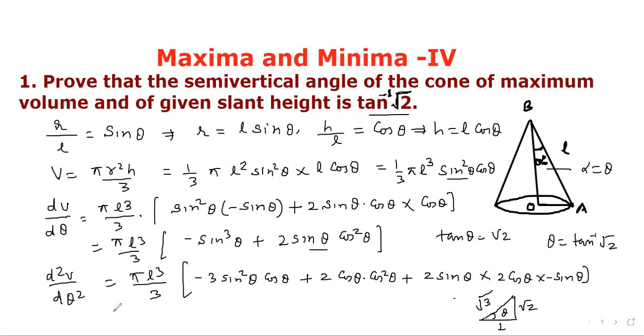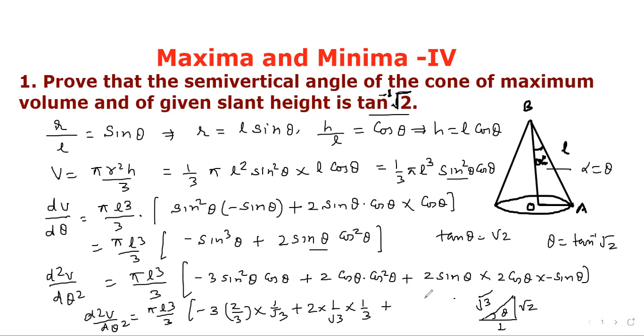So we put all these values in the second derivative to check whether d2V upon d theta square is positive or negative. So d2V by d theta square will be equal to pi L cube by 3 times minus 3 sine square theta, it means perpendicular upon hypotenuse, so this will become 2 by 3, cos theta, base upon hypotenuse, so 1 upon root 3, plus twice of cos theta, 1 upon root 3, into cos square theta, 1 upon 3, plus 2 sine theta, root 2 upon root 3, times 2 cos theta times sine theta, that is root 2 upon root 3.